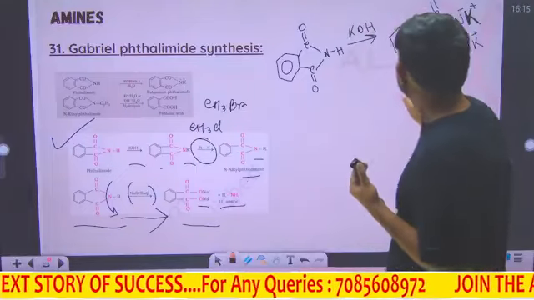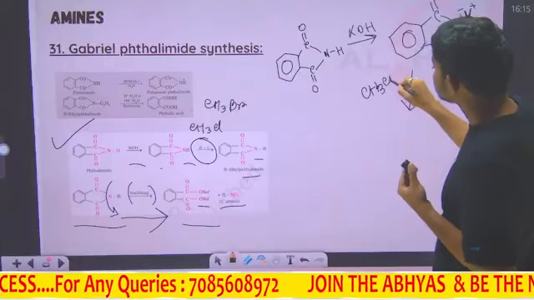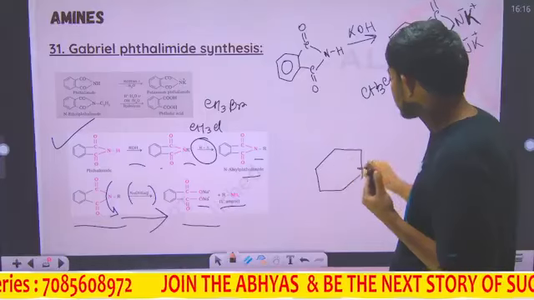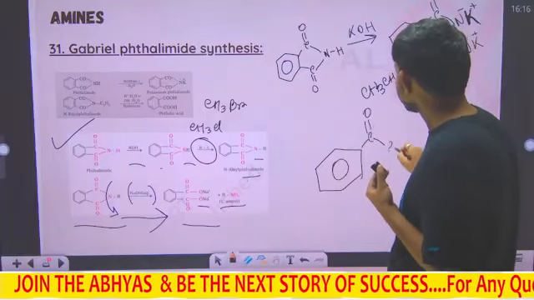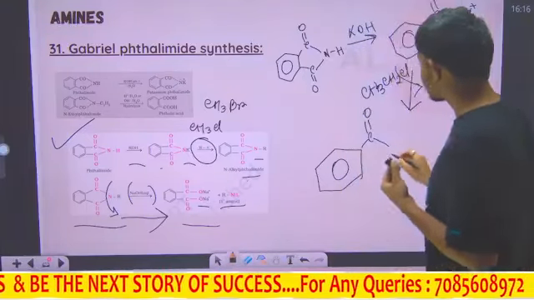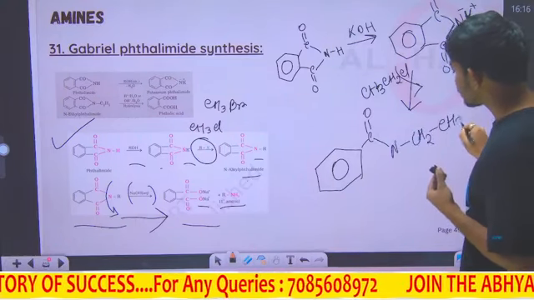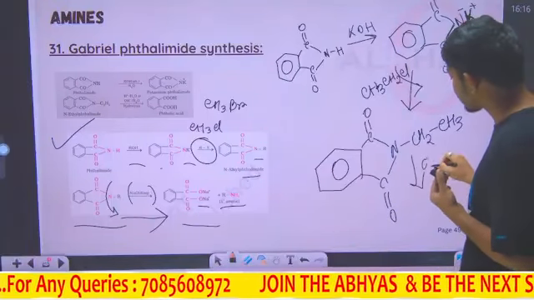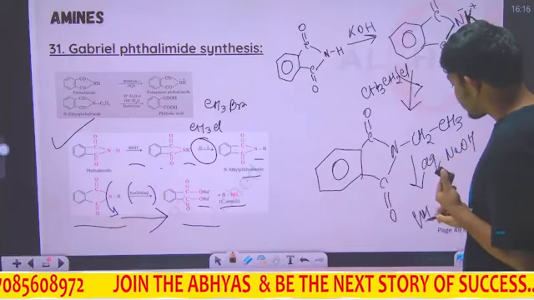So here, suppose CH3CH2Cl, Cl will leave. See here. And after that, hydrolysis.